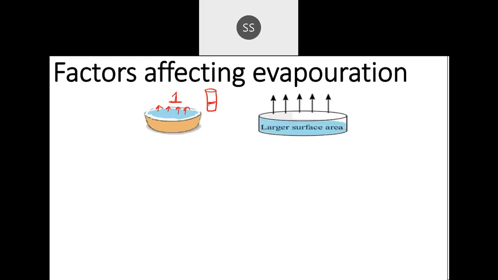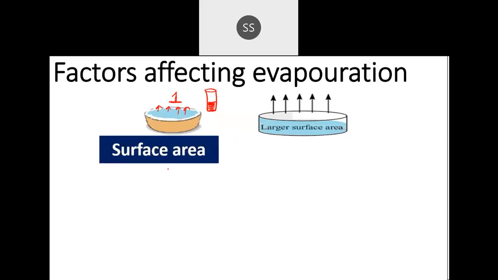If you have filled water inside this, the surface area available to us is very less, so the evaporation which will take place also will be lesser. But if you take a larger area, the number of molecules which will escape out, which will get converted into a gas, also will be larger. So evaporation becomes larger in the case of a larger vessel, and it will be less in the case of a smaller vessel. So it depends on the surface area. This is the first factor for evaporation.